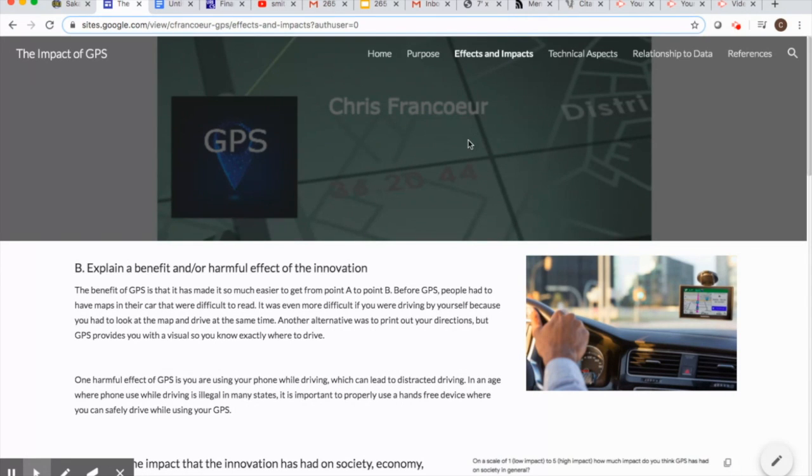Now on to the effects and impacts. Explain a benefit and or harmful effect of the innovation.